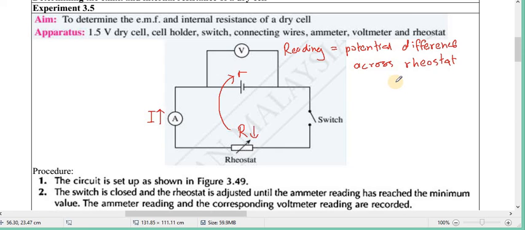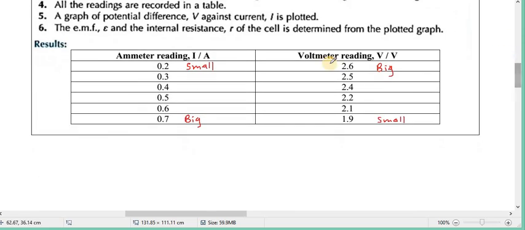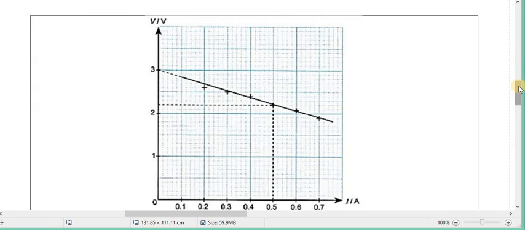Okay or not? It will become smaller and smaller. Okay, get the idea? So this explains why the voltmeter reading becomes smaller. Okay? If you take the data and plot the graph, this will be the shape of the graph.